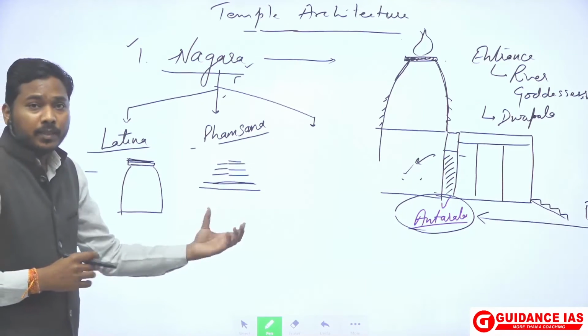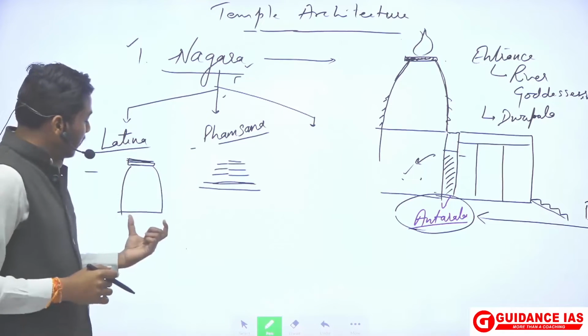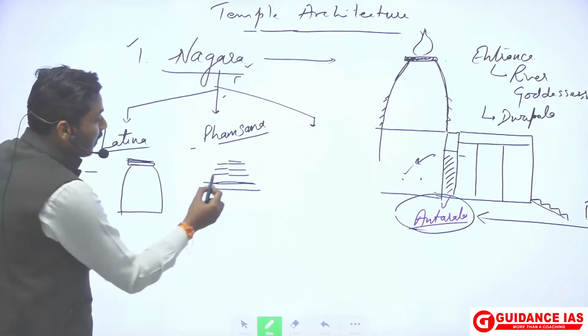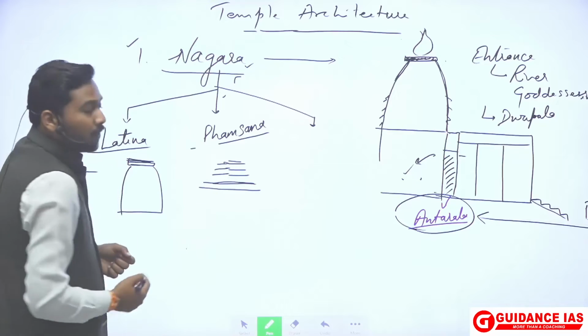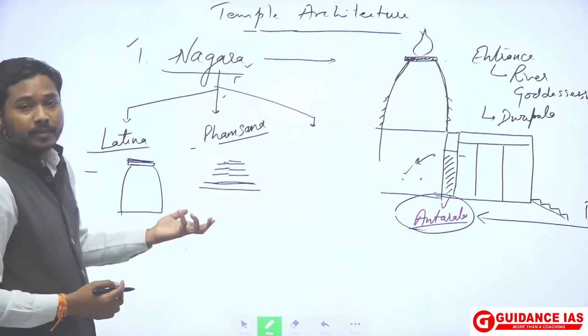In the tower, it will not be continuous curvilinear lines. It will be a slab-like structure. Clear? That is the second type.